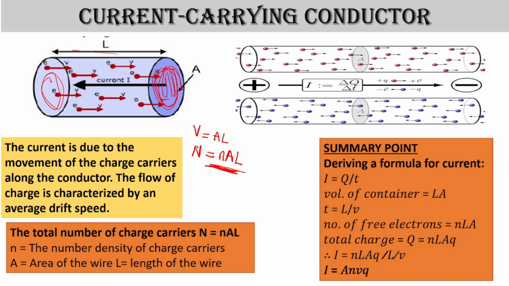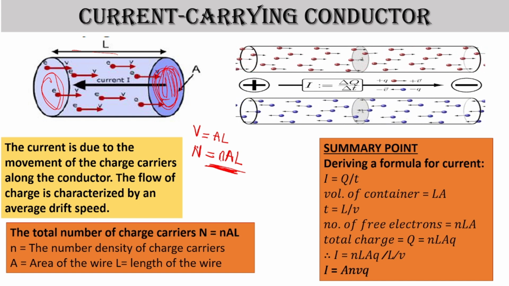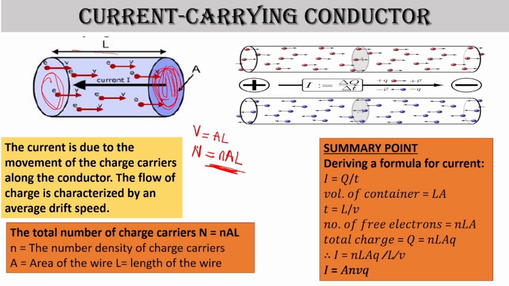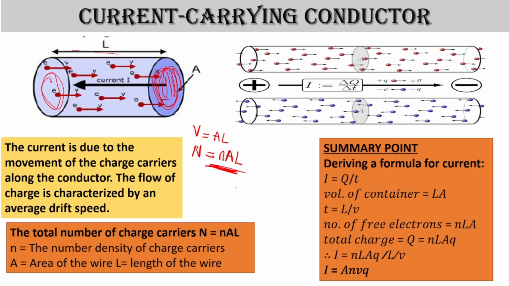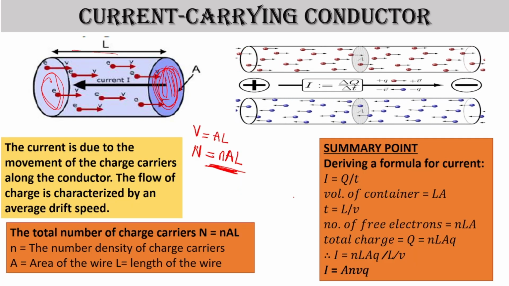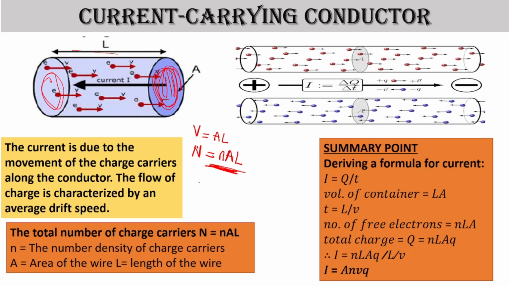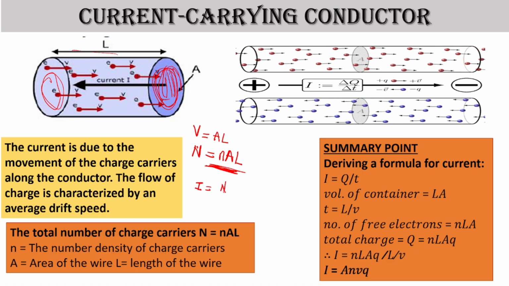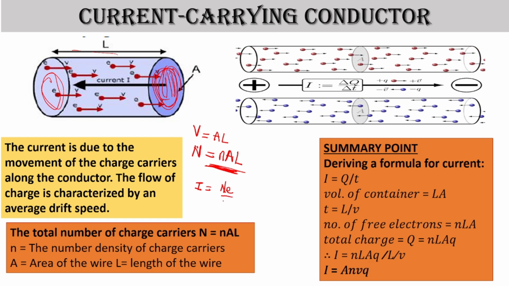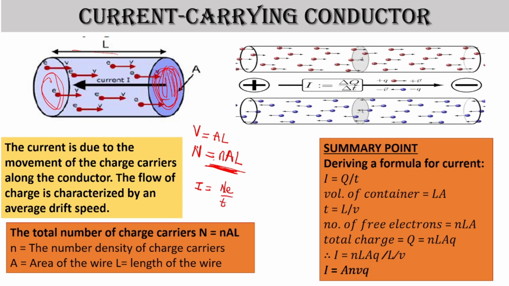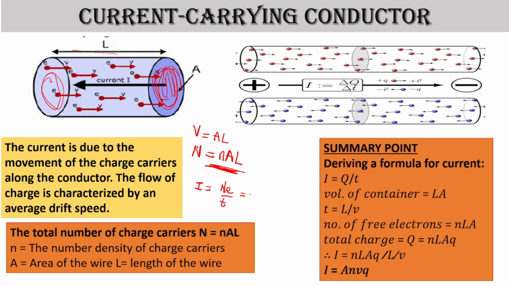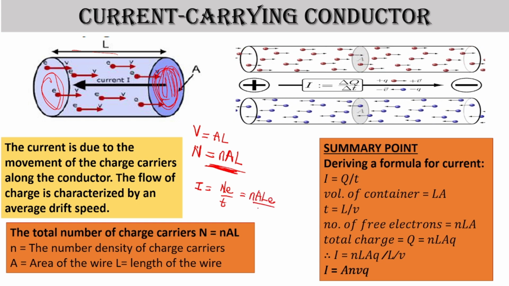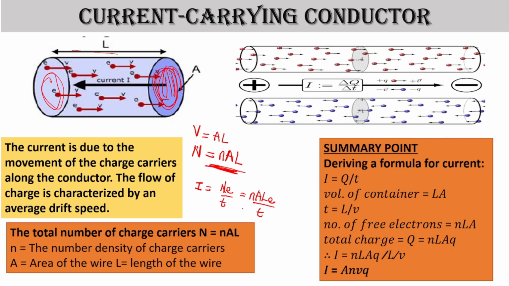Capital N equals the number density, which is small letter n, times the area times length. So what does that mean? Look at the blue and the red that are flowing. The number density times the area and length will give us N. Remember we said that I equals Ne over t. If I substitute N with nAL, I will have I equals nALe over t for current.